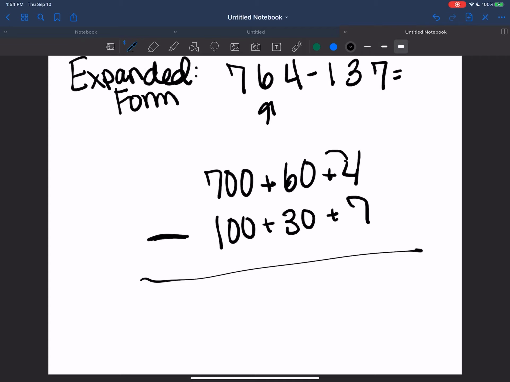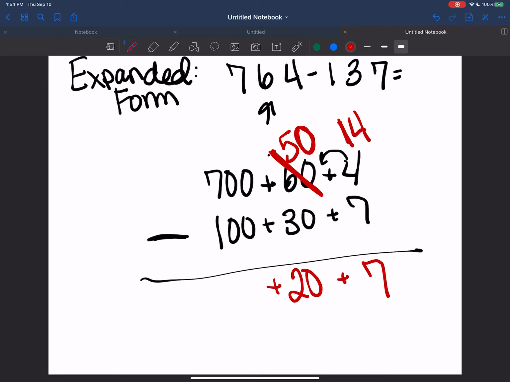So I'm going to have to move over to those tens. I'm going to have to take a 10. 60 minus 10 leaves me with 50. And now that 10 goes back to the ones. So 10 plus 4 is 14. Now I can do 14 minus 7 is 7. 50 minus 30 is 20. 700 minus 100 is 600.